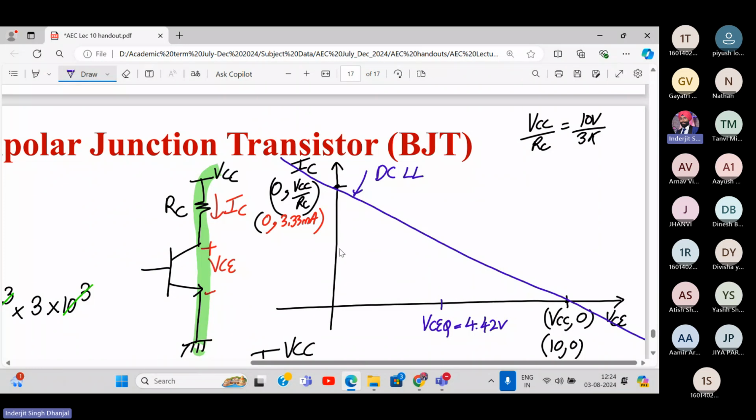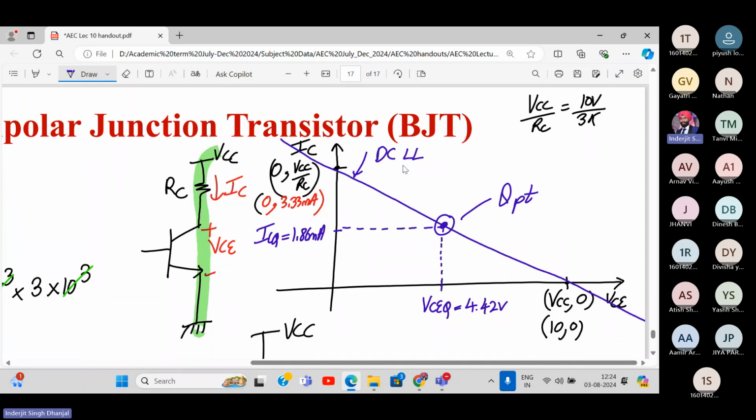And correspondingly, how much is the value of ICQ? Come on, tell me from your numerical only. ICQ was 1.86 milliampere. So it all makes sense now. You join this on the line. So the Q point will be on the DC load line. So this is my Q point and this is my DC load line.